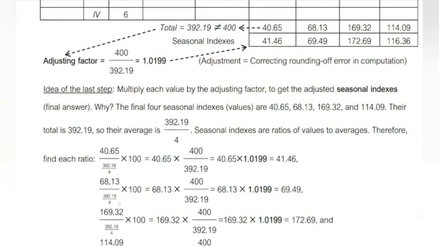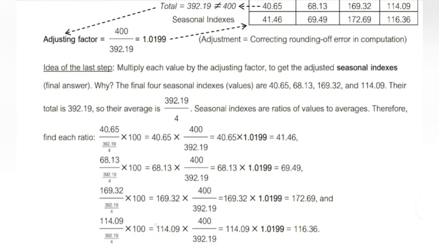Similarly, the season 2 index: 68.13 multiplied by 400 over 392.19. You get this. And season 3, 169.32, you multiply by 400 over 392.19. So you multiply each index by 400 over 392.19.